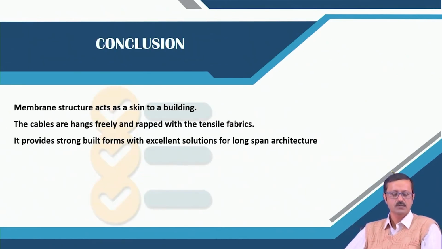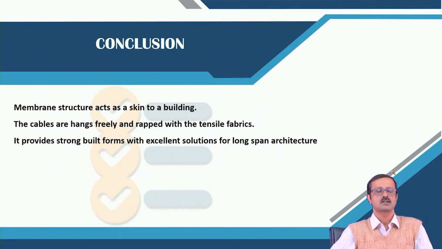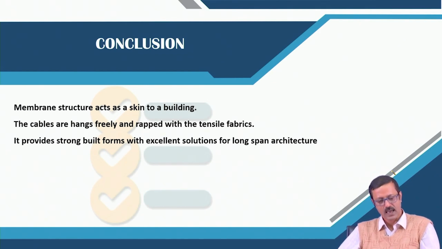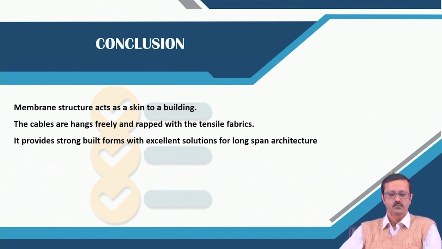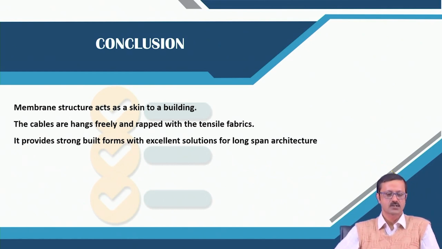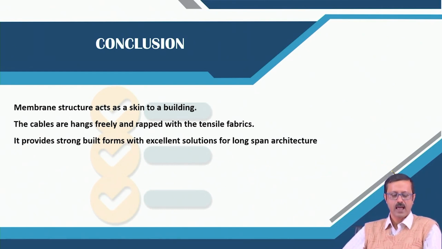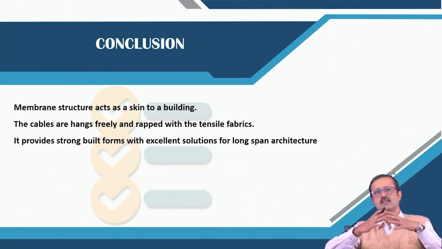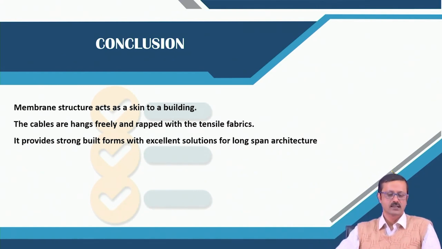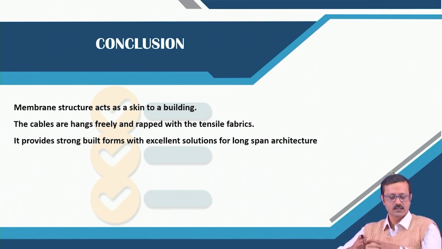So in conclusion, I must say that the membrane structure acts just like a skin to the building. It covers the building as a roof, and also some of the peripheral walls. It's a form-active structural system. The cables hang freely here and are wrapped with the tensile fabrics, and due to that it gives you the hanging or freely suspended profile.